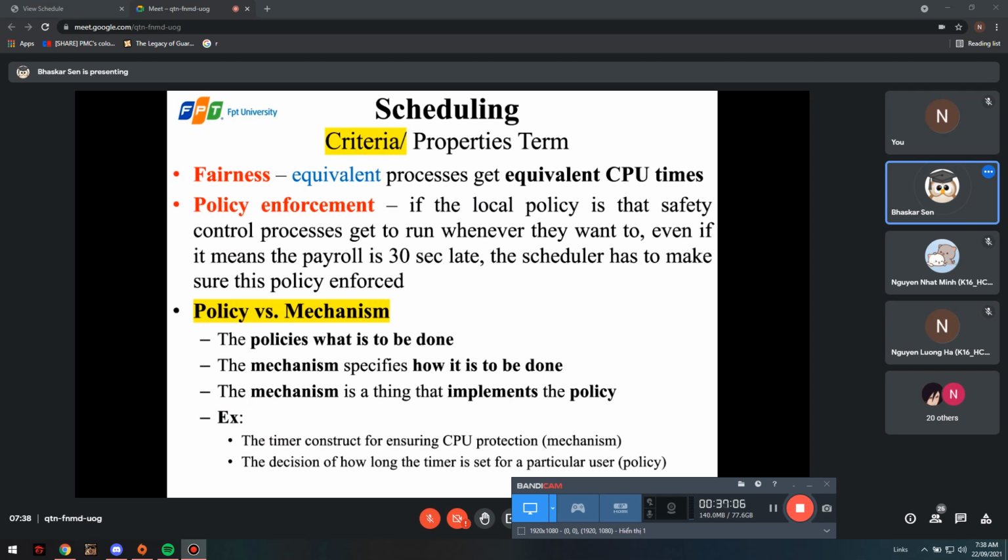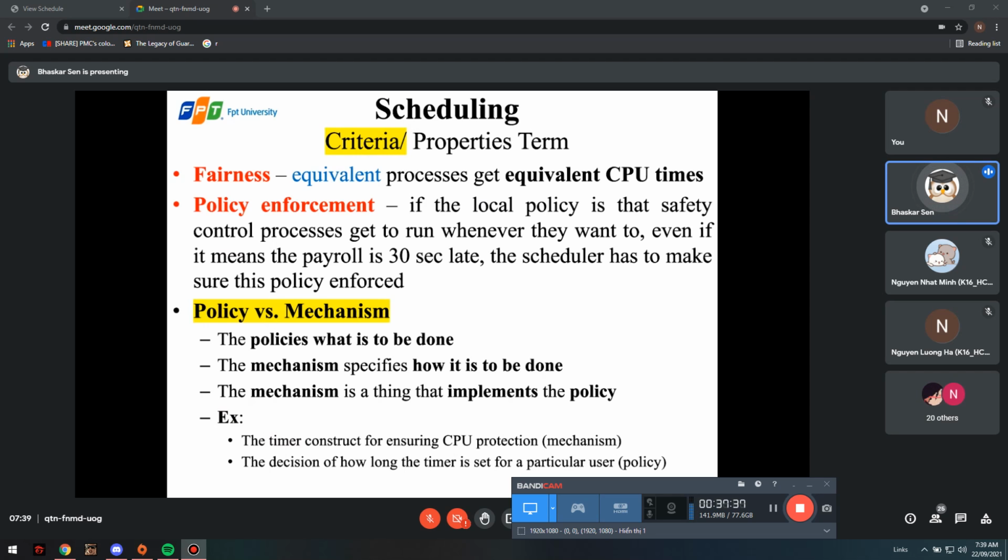Policy, the thing that we are going to study in this part is all about criteria. What are the criteria that we have? The first question that comes to our mind is what are these criteria for?